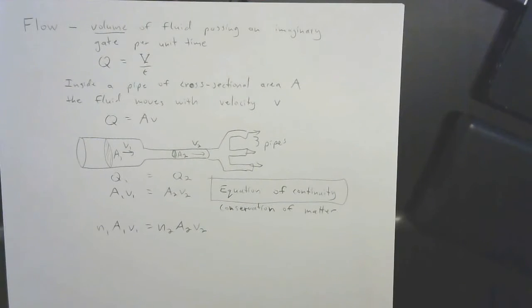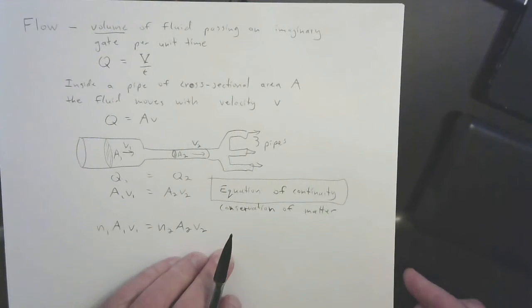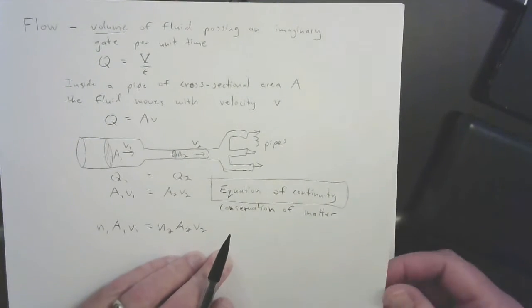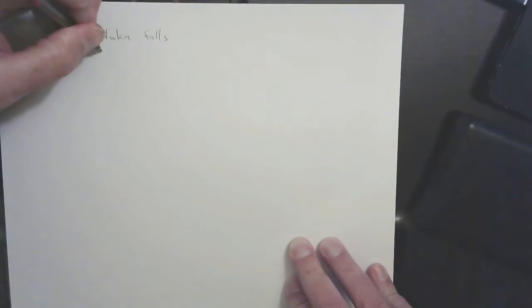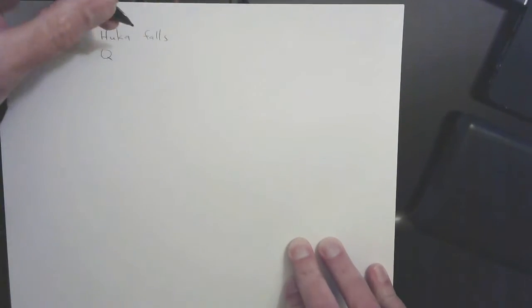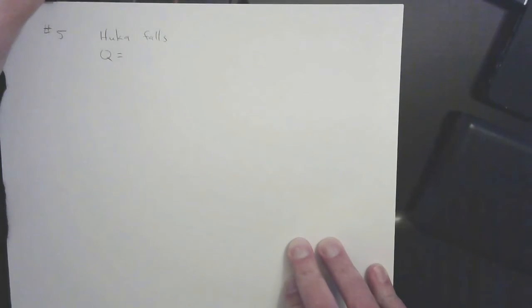All right, let's do an example, number 5 in the book, which is the Hookah Falls example. It's noting that the falls are quite lovely, and for this particular river, the average rate of flow is 300,000 liters per second.